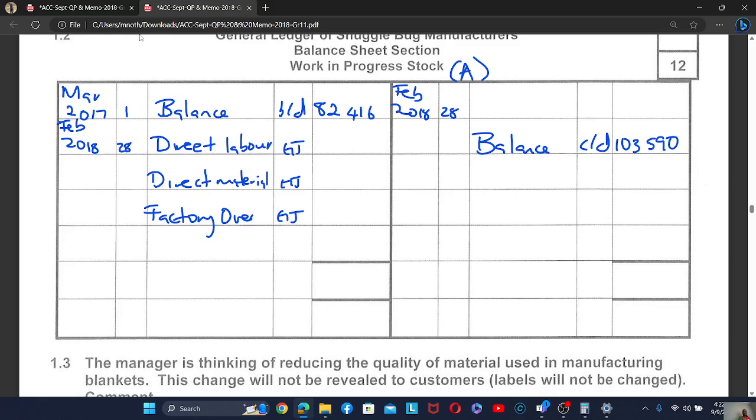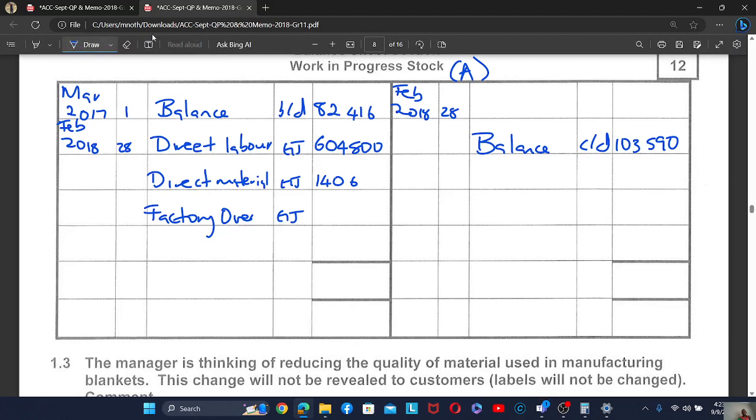So how much is the direct labor? Direct labor 604,800. Materials? 1,406,840.